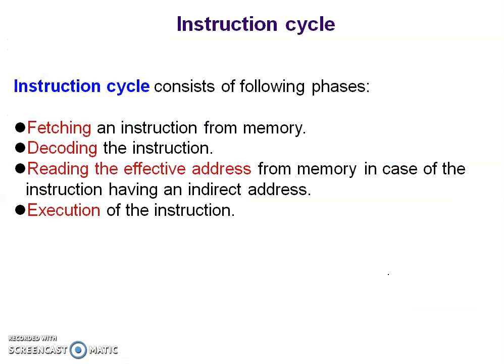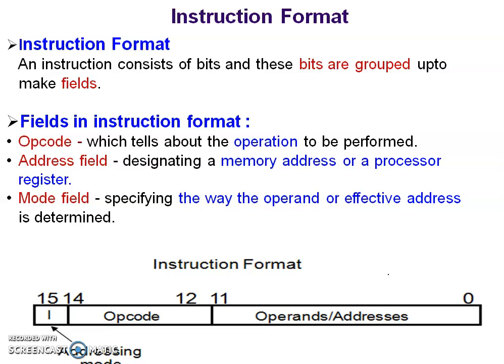So this is related to the cycle, and the instructions given into this cycle follow a format with some fields like opcode and operand field. So, 12 bits will be used to represent the operand address, and 3 bits will be used to represent the opcode field.